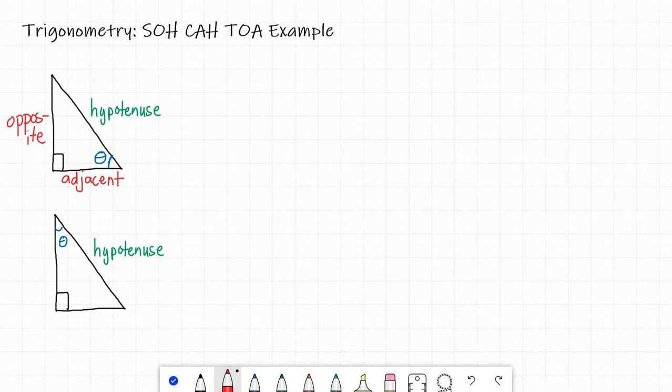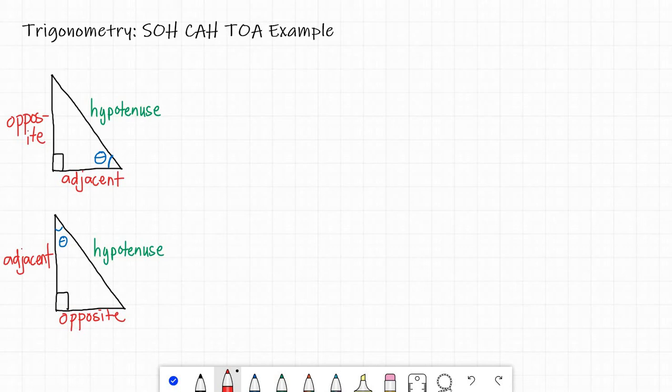But if we're considering the top angle here, as we are in the bottom triangle, maybe we're given that angle or we're asked to find it, then opposite is going to be the side at the bottom of the triangle. So directly across from that upper angle is the side at the bottom of the triangle, and so this side here is going to be opposite, and so that leaves adjacent to be the vertical side of the triangle.